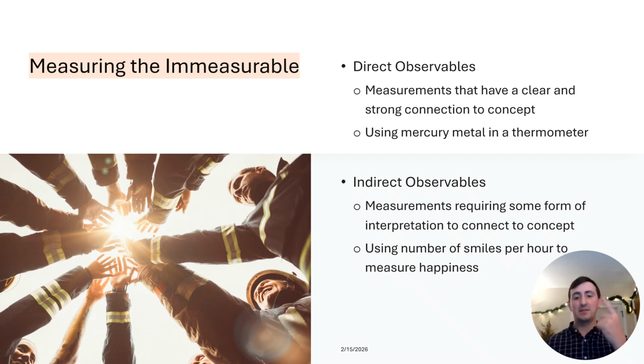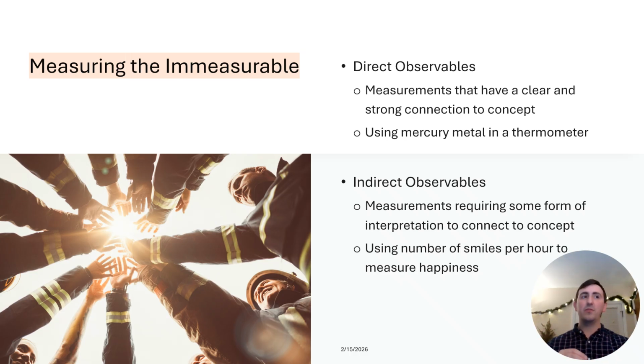So we have direct and indirect observables. Direct observables are measurements that have a very clear, obvious connection to the concept, to the definition. The example I have here is using mercury metal in a thermometer. Why is that such a clear connection? Well, metal expands and shrinks based on the temperature around it.